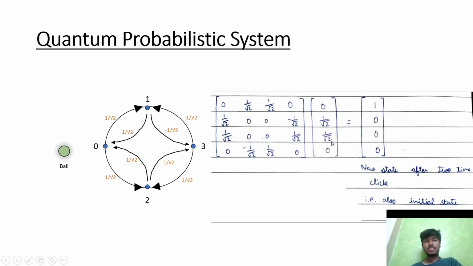This right here is the new state that we obtained after one time click. So after we multiply, we get 1, 0, 0, 0. Now, if you look closely, this is the initial state that we started with. The ball was initially at vertex 0. This also represents that. So the new state after two time clicks is actually also the initial state.